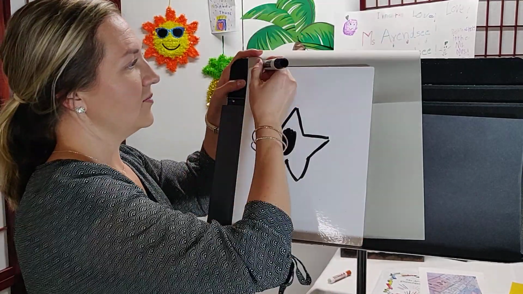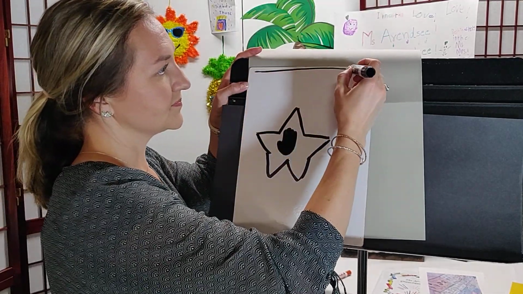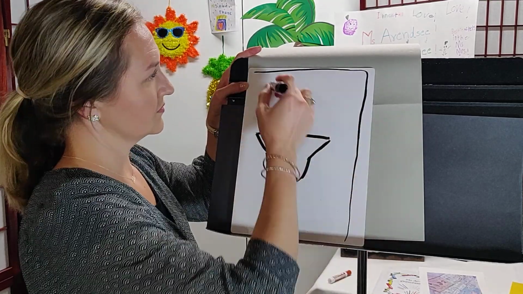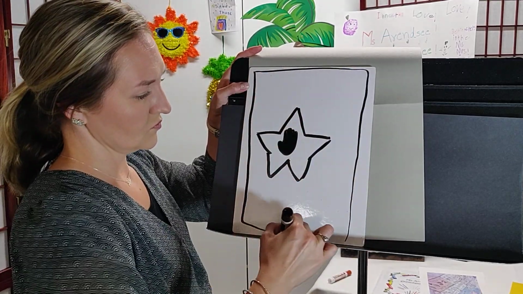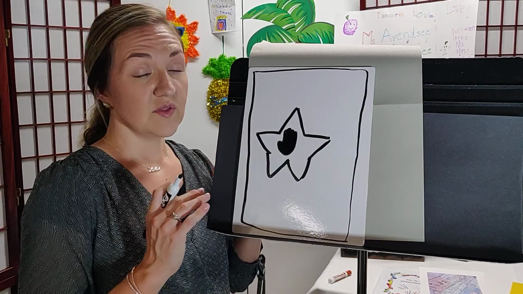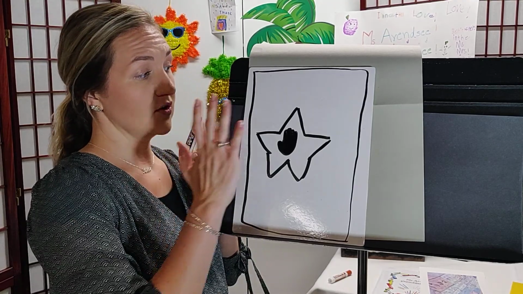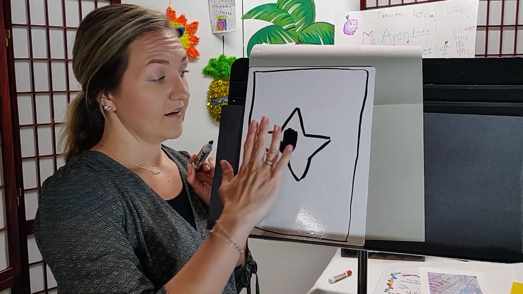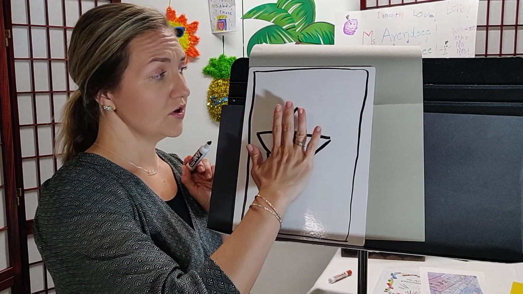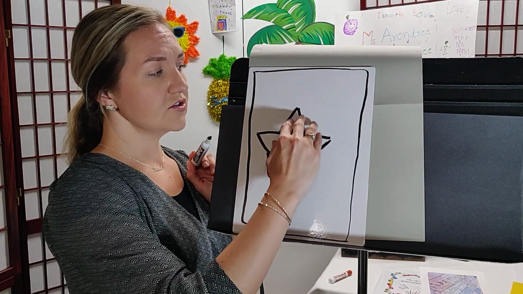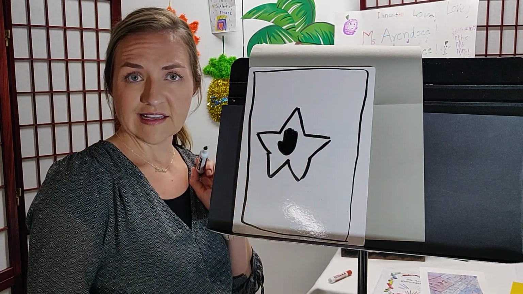That would be like this here on my page. Once you have your star glued onto your gray paper, you're going to glue it somewhere in the center or even a little bit higher, but that's your choice.